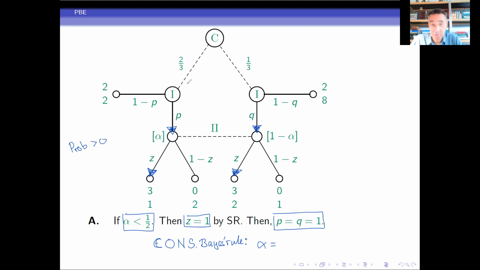It's even 1. So we start here and then we move to the left with probability 2/3, and then we go down. So we've got a probability 2 out of 3 to end up here. And we move here with probability 1/3 and down here with probability 1. So we have a probability of 1/3 to be in this node over here.